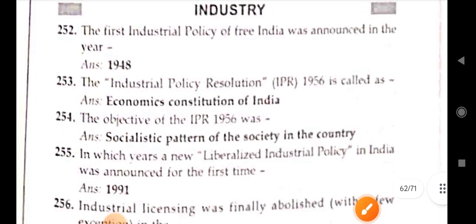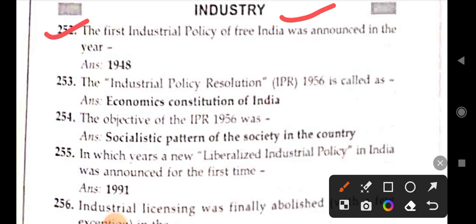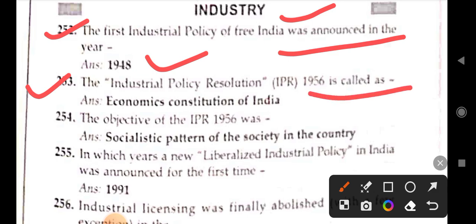Next. Industry. The first industry policy of Free India was announced in the year 1948. The Industrial Policy Resolution (IPR) 1956 is called the Economic Constitution of India. Next, the objective of IPR 1956 was a socialist pattern of society in the country.